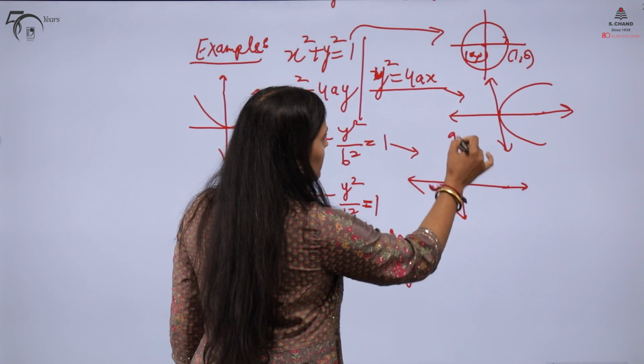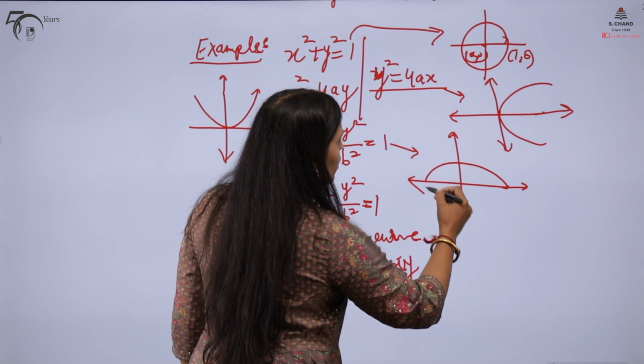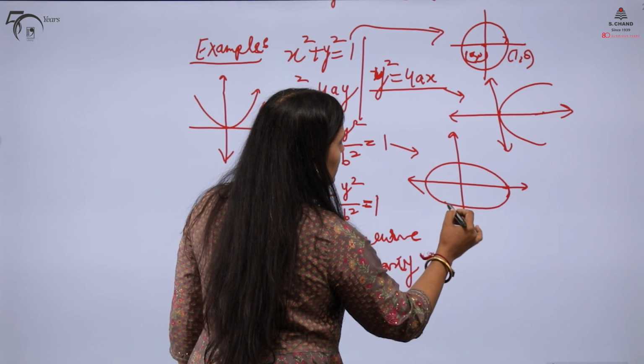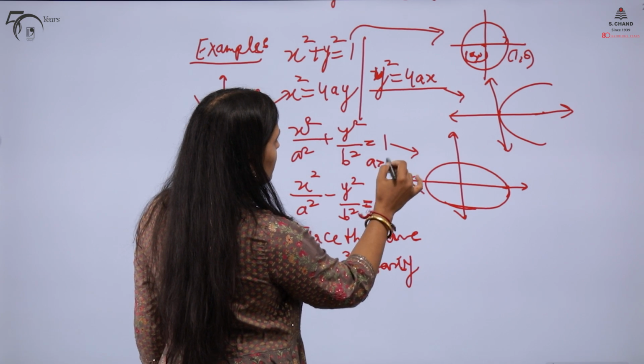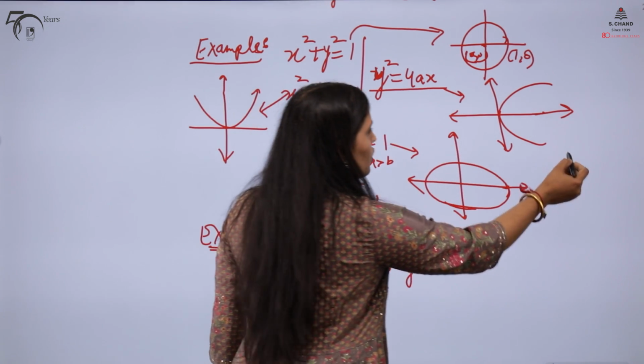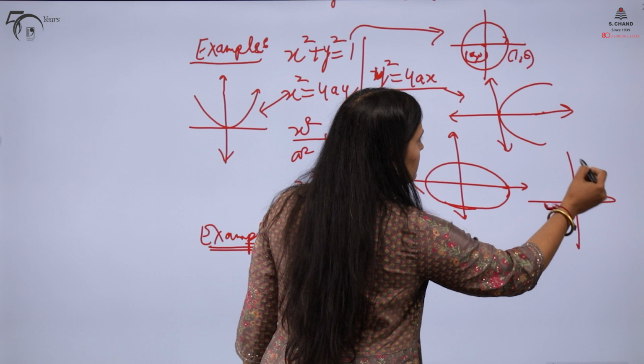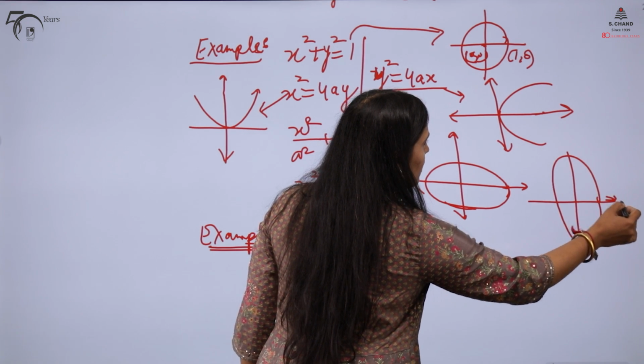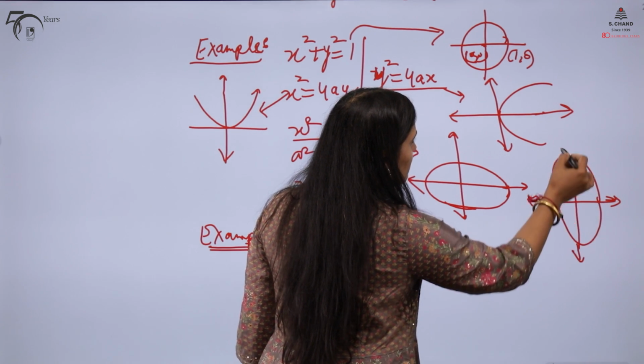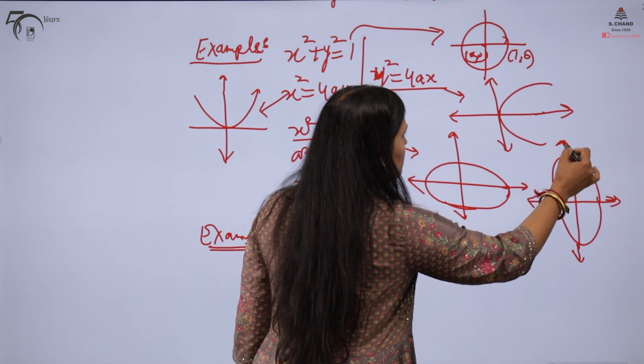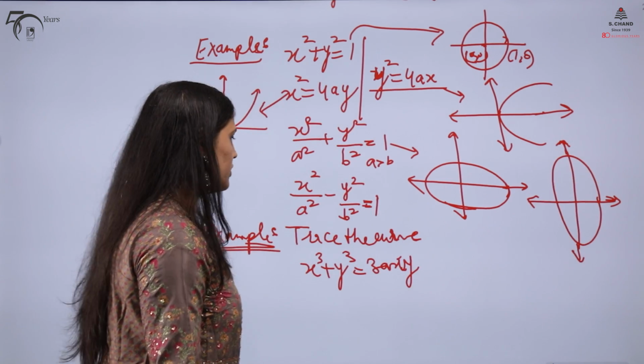It depends on whether A is greater than B or not. In this case I have taken A greater than B. If B is greater, your shape will look like this. So these basic curves at least you should know. For such curves you don't require curve tracing.